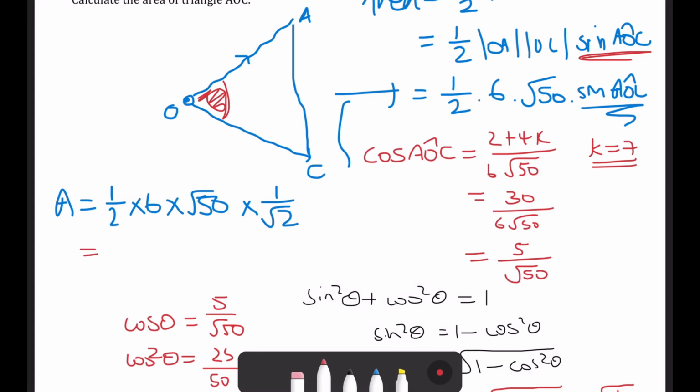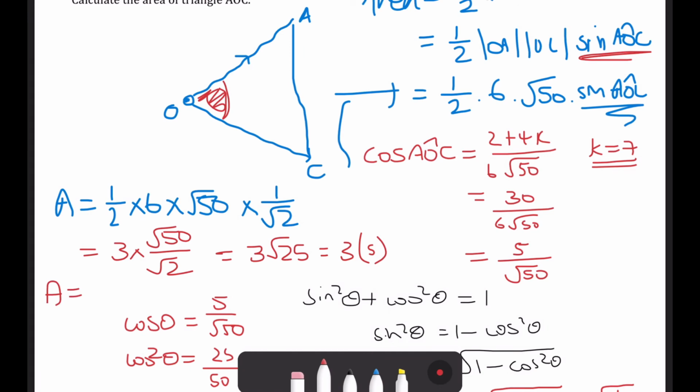So it's going to be 3 and then times root 50 over root 2, which is going to be 3 root 25, which is going to be 3 times 5. So the area is equal to 15. And you could write units squared.